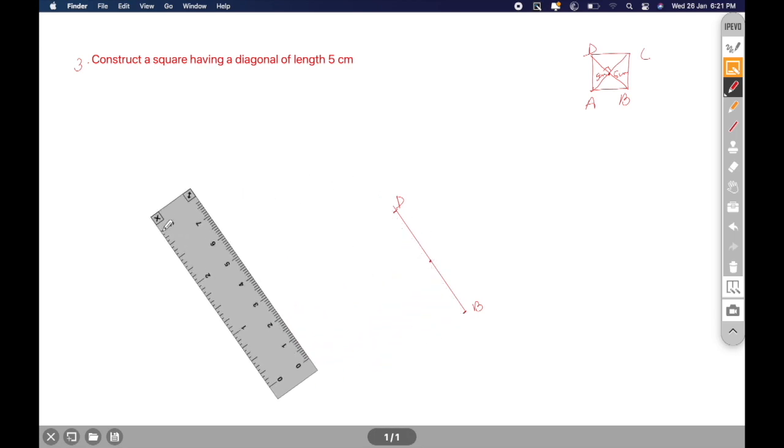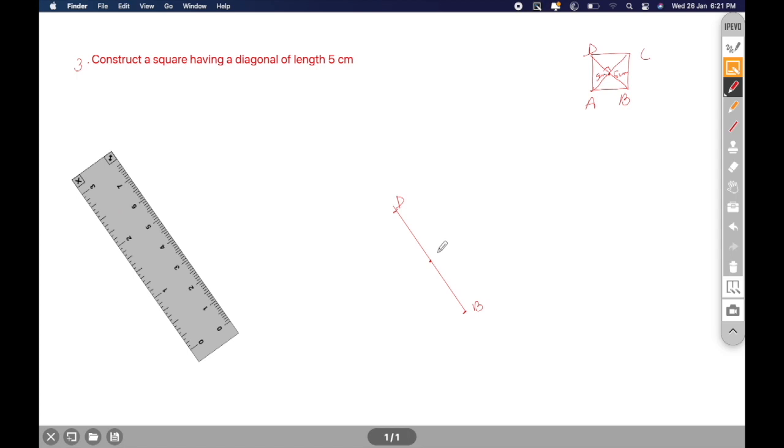Now, keeping aside the ruler, we have to construct the perpendicular bisector of the line segment BD now. So for that, taking D as the center and radius more than half of BD, we have to draw an arc above and below the line segment.